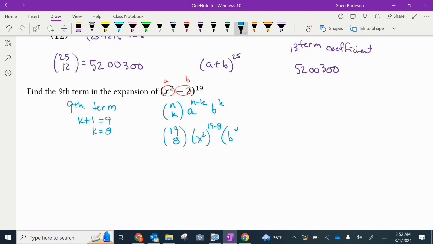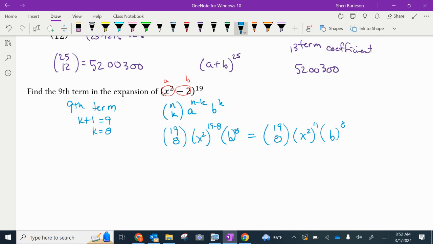B to the 8. So then this is going to get me 19, take an 8 at a time, x squared to the 11th, b to the 8th. And I'm going to have you stop here for a moment before you do any more expanding and double check. These two exponents, 11 and 8, should add to make 19. If they don't, you've made a mistake.